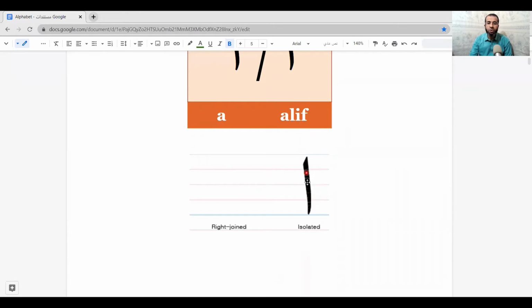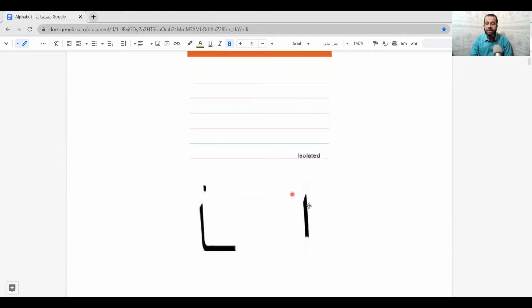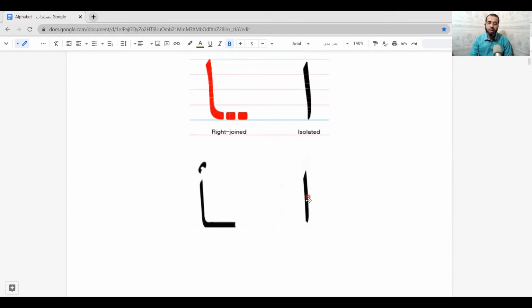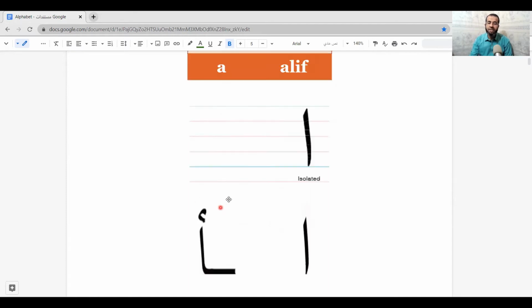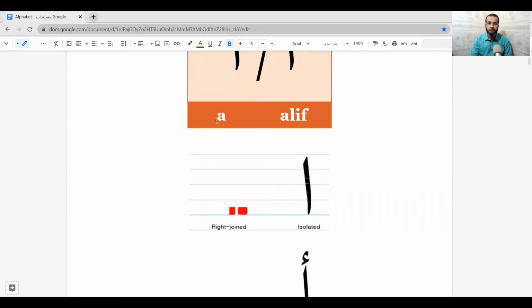Use your pen and paper and write. When it is isolated like this, when it is right joined like this. And it can also be written in this way. It can have this part on it. Here it's isolated, and here it's joined from right. So this is Alif, A.